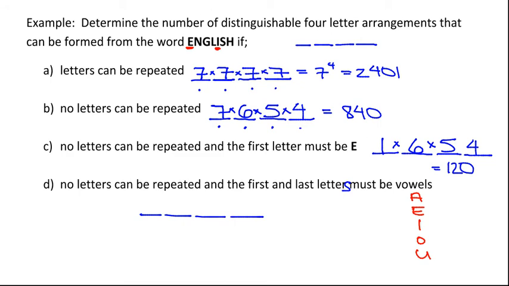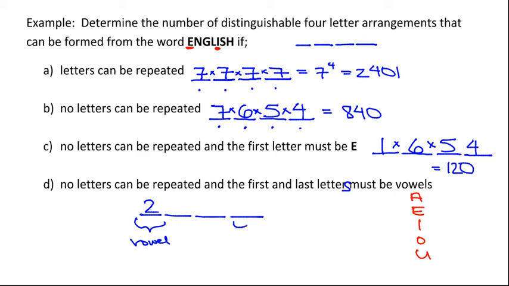So if the first letter must be a vowel, this one has to be a vowel. How many possible vowels are there to go in this first stage? Well, it could be E or it could be I. So I have 2 options for this vowel.